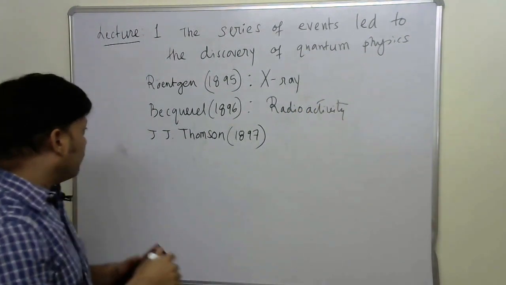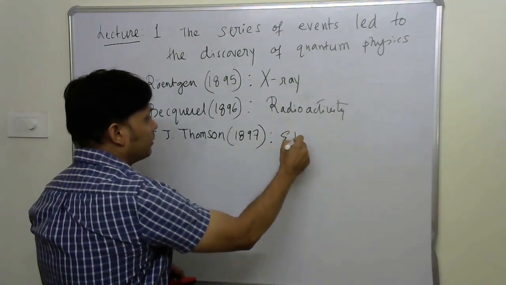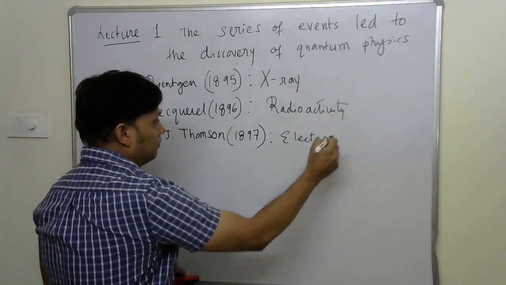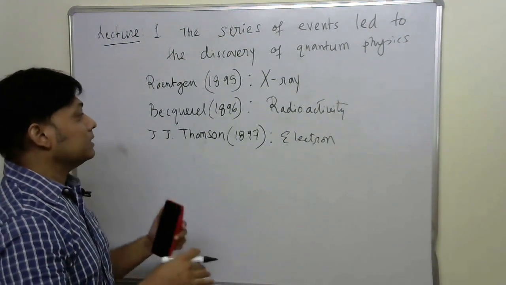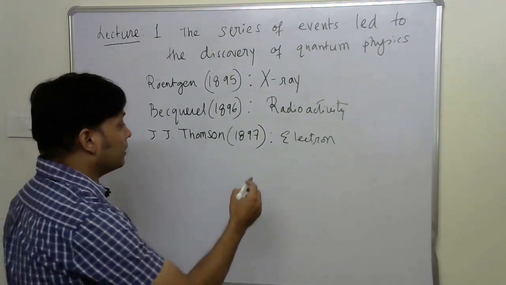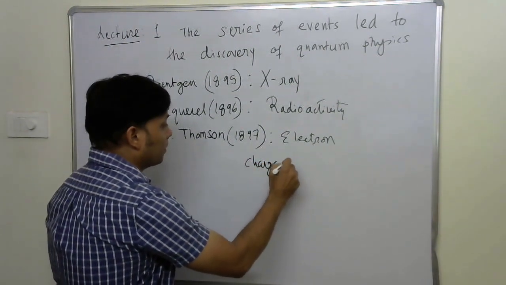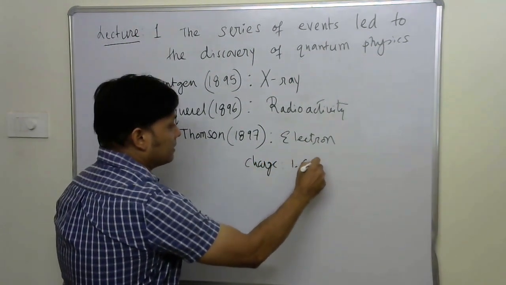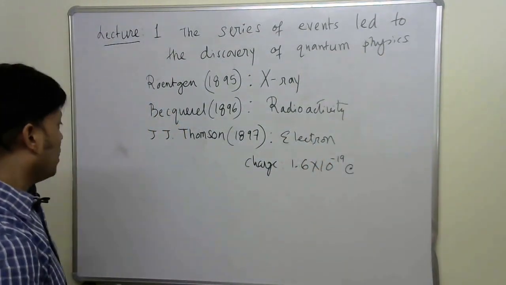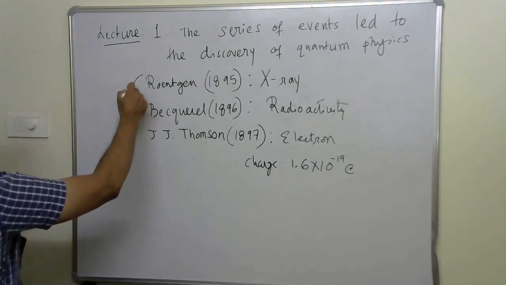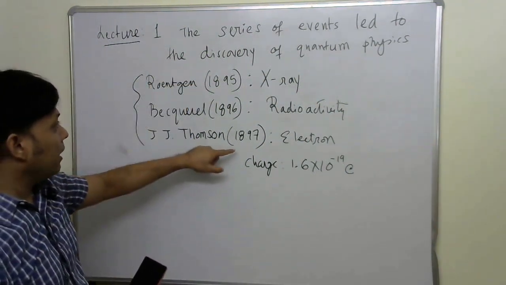And then in the very next year, J.J. Thomson discovered the electron. He found out that the electron is a subatomic particle and its charge is 1.6 times 10 to the power minus 19 Coulomb. So all those three discoveries came back to back from 1895 to 1897.